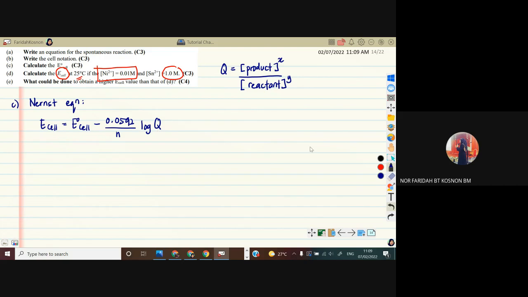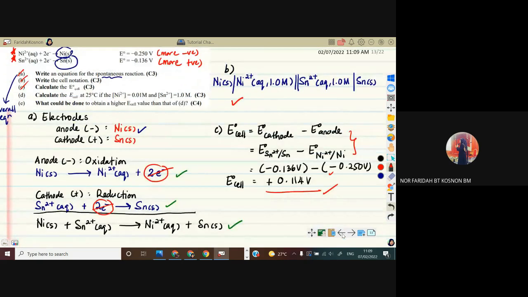Okay, jadi nak jawab soalan ini, you have to refer to the equation yang kita jawab pada soalan A tadi. Soalan A, kita patah balik. And kita tak refer pada half cell equation. Okay, and overall equation is needed. Jadi kalau kita tengok kat sini, number of moles of electron transferred from the anode adalah 2 mole of electron. So elektron tu pergi mana?